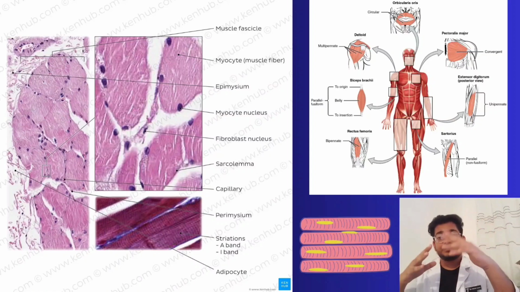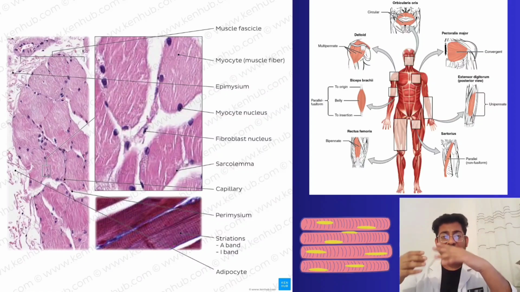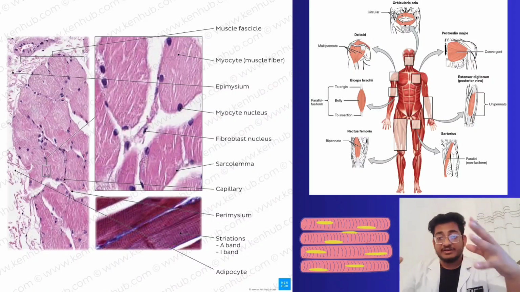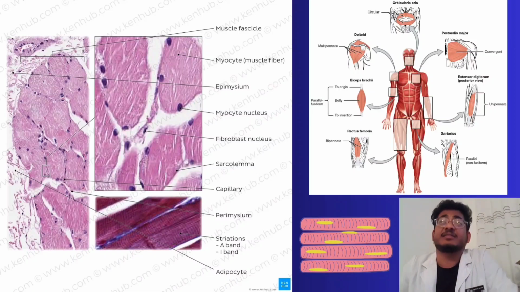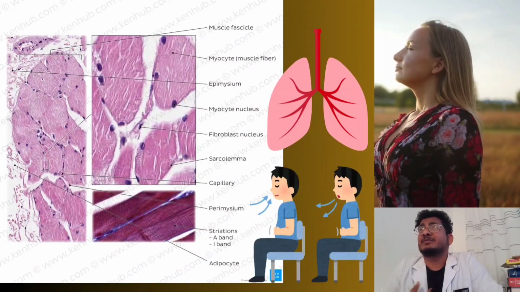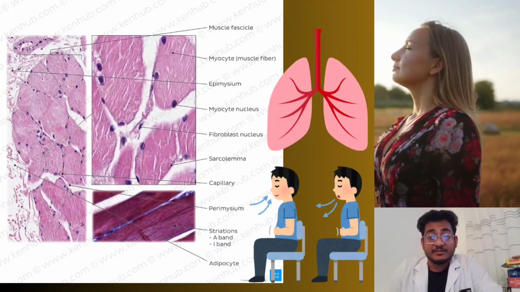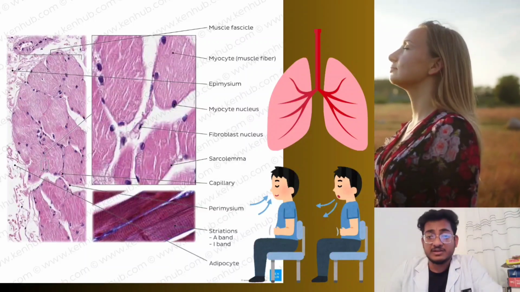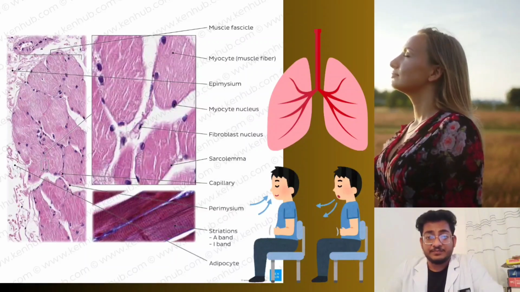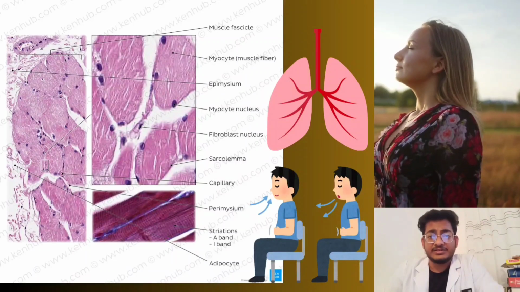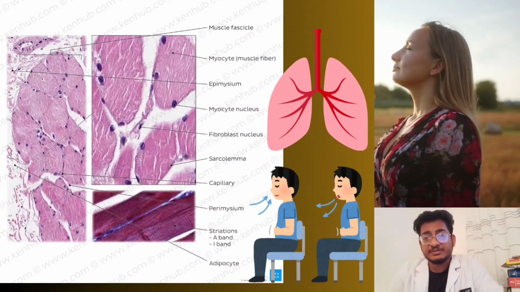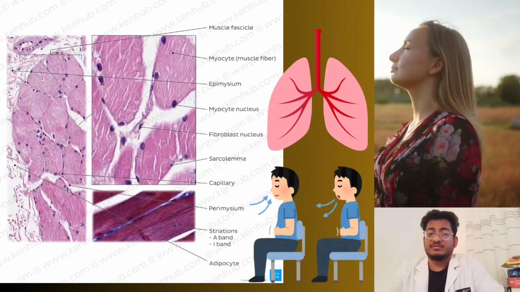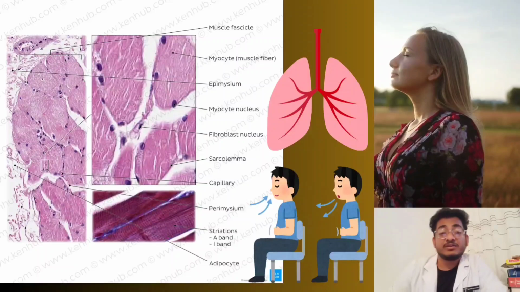This is a misconception, however, as skeletal muscle is also involved in various movements at a subconscious level, like breathing. So, although it is a voluntary muscle, it also works at a subconscious level.